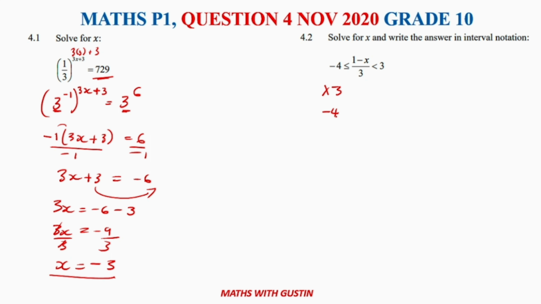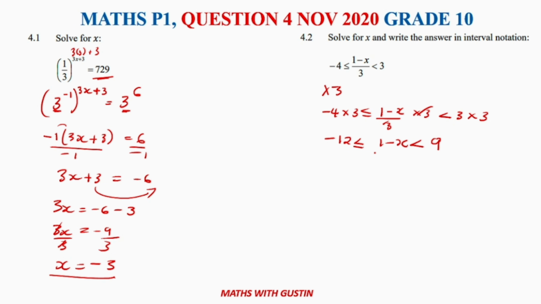So it's going to be negative 4 times 3, minus x all over 3. Therefore you multiply everything by 3 here as well. Negative 3 multiplied by 3 as well. 3 and 3 would cancel out. Therefore you've got negative 12. Therefore we're going to have 1 minus that, less 9, because 3 times 3 is equal to 9.